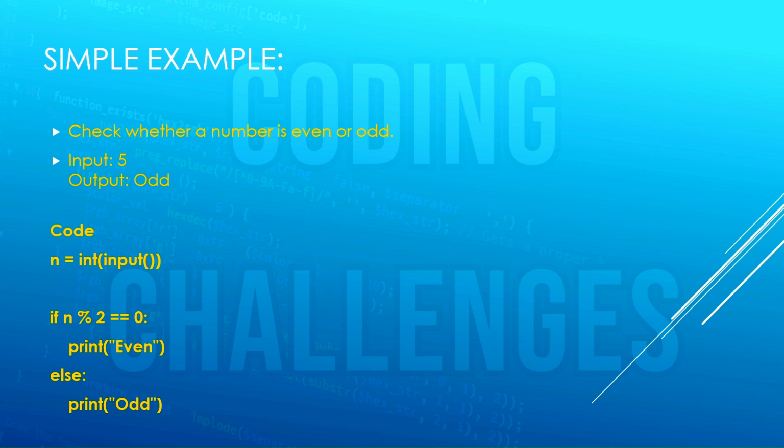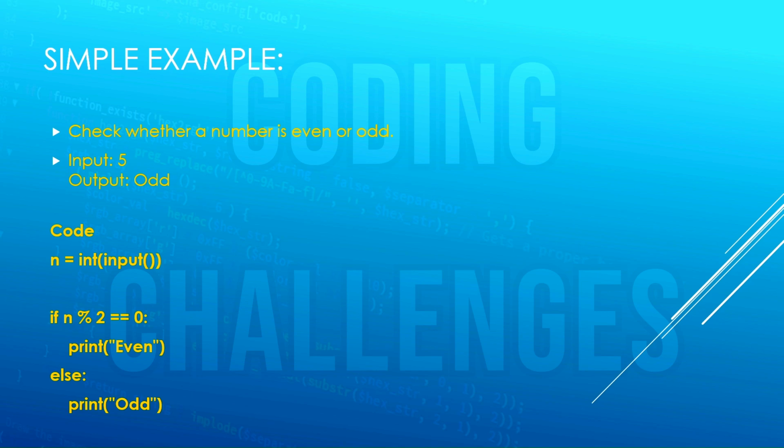What do we want to do next? If n modulus 2 is equal to 0, print even. This is the if-else logic. The modulus operation gives the remainder.